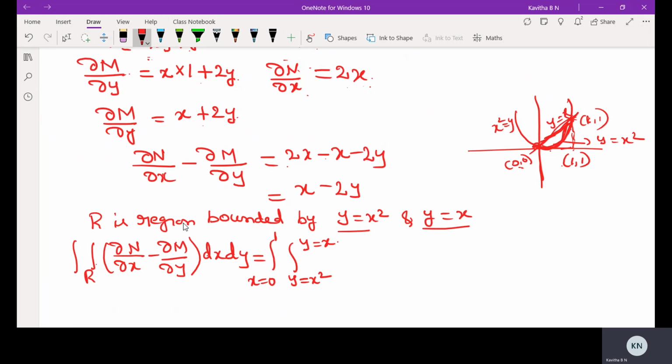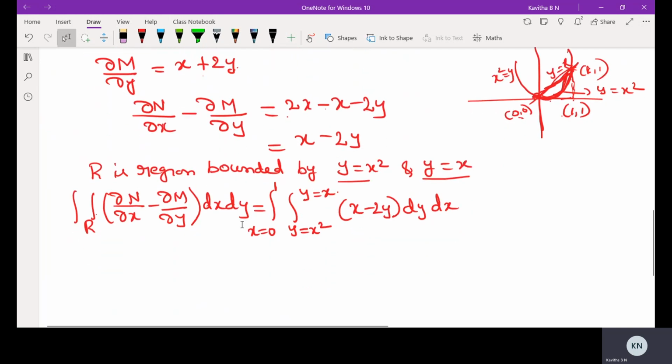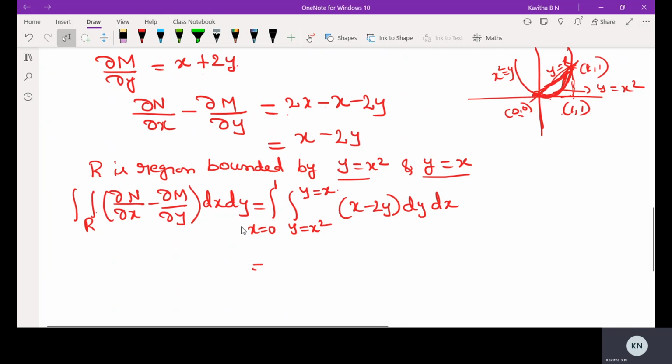Then del n by del x minus del m by del y, we are writing x minus 2y, dy dx. Okay, then here integral of x is equal to 0 to 1.